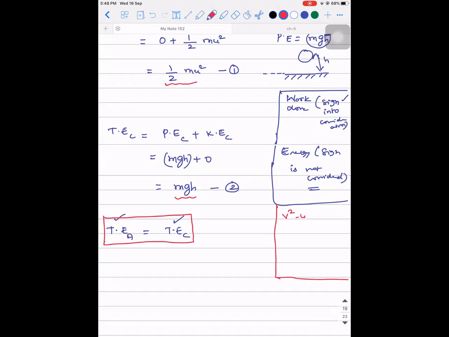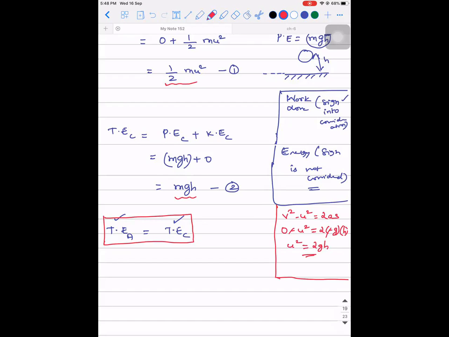So v square minus u square is equal to 2as if I apply this along the vertical direction. At the maximum height, velocity is 0, so 0 minus u square is equal to 2 into the acceleration of the object, g. It is minus g because it is in the downward direction. Displacement is h. So this and this will get cancelled. u square is equal to 2gh. Accepted?